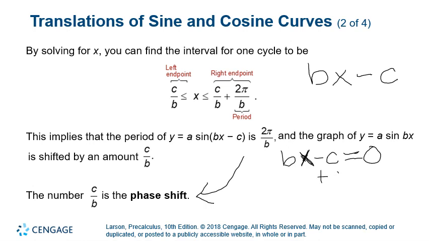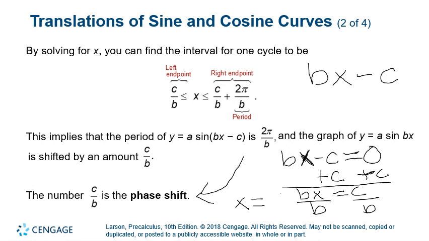So they added c, and they divided by b, and they got x equals c over b. That is the phase shift, or what we call the shift in the sine and cosine curves from the left to the right and vice versa.